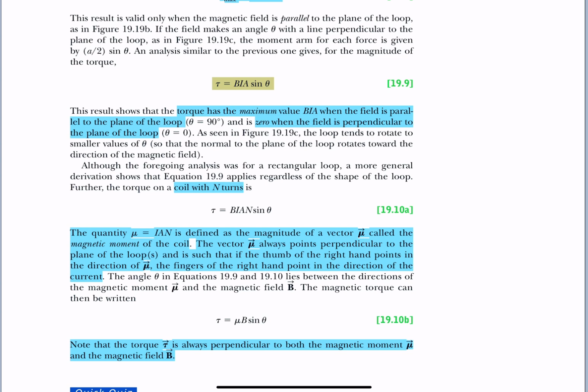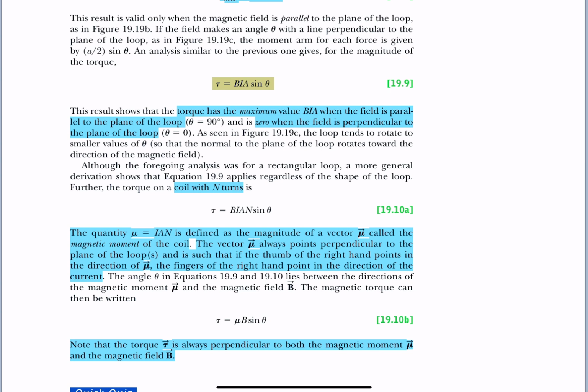And if the current is constant, we can say then that the current times the cross-sectional area times capital N, which is the number of turns of wire in the solenoid or the number of loops, is always going to be the same value, which we'll call mu, and that is known as the magnetic moment.